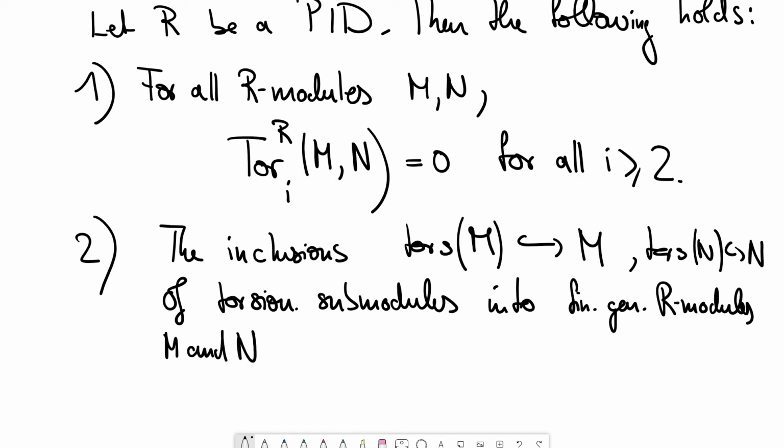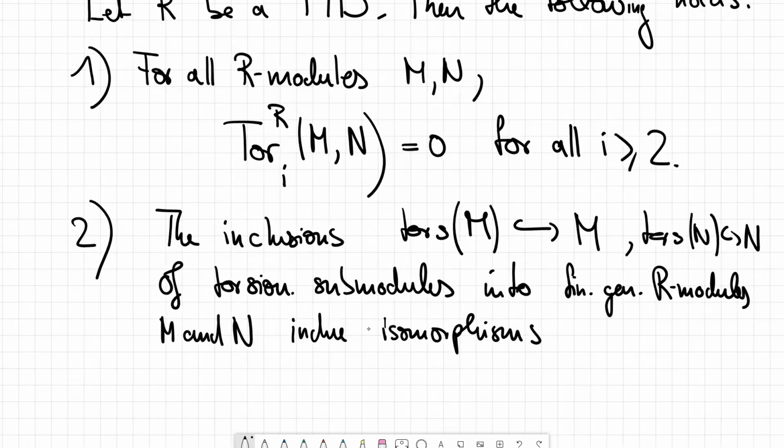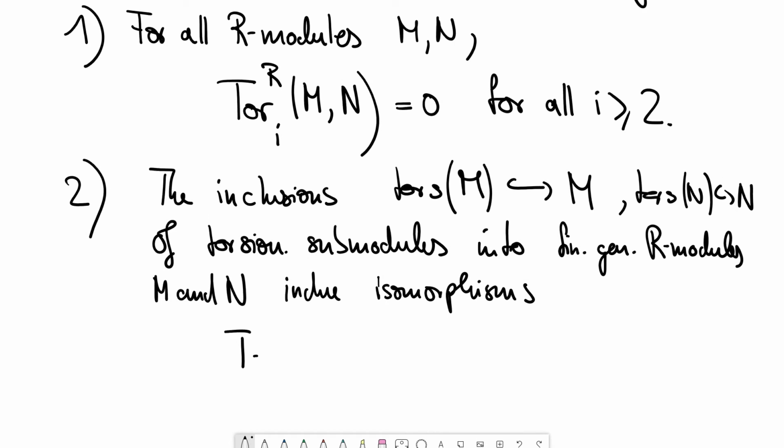And these inclusions of the torsion submodules induce isomorphisms on the Tor 1 terms, I mean the only remaining Tor terms.